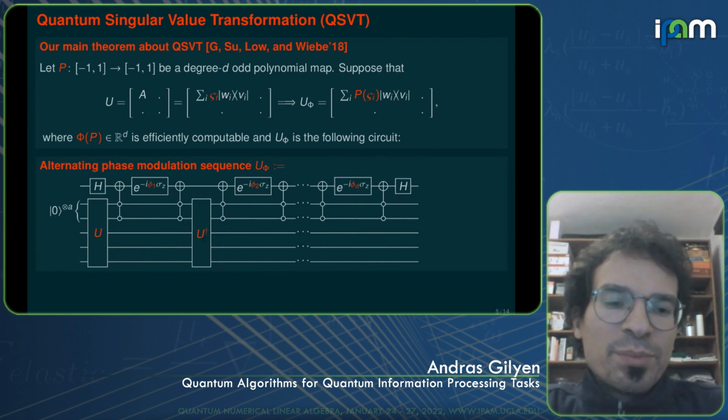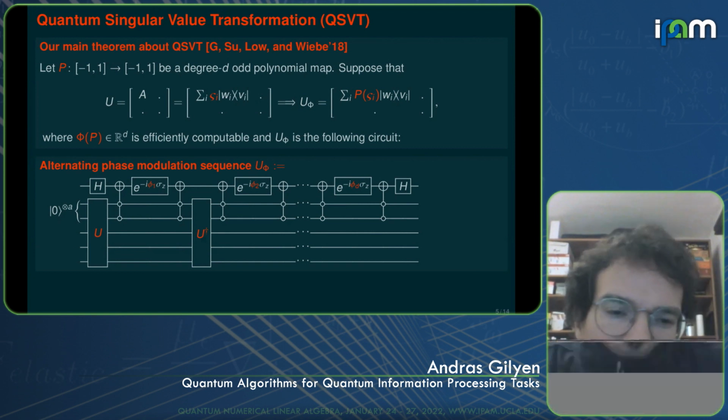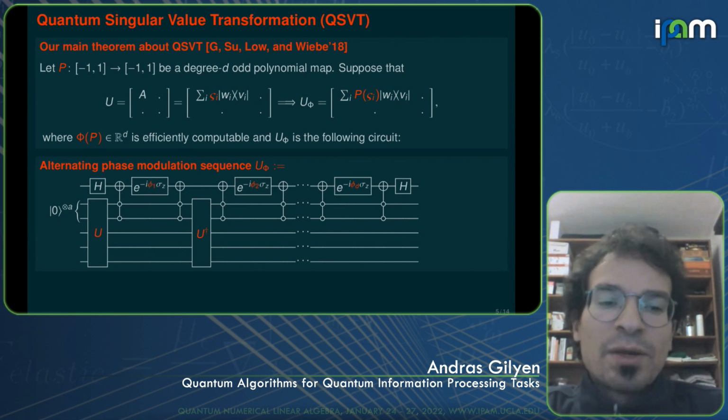So one needs to repeatedly apply U and its inverse, and in between these applications, just apply a generalized Toffoli gate on the ancilla qubits representing the block encoding, and then single qubit rotations with these angles that can be computed from the polynomial efficiently. And so the number of times you need to apply U or U inverse is D, the degree of this polynomial.